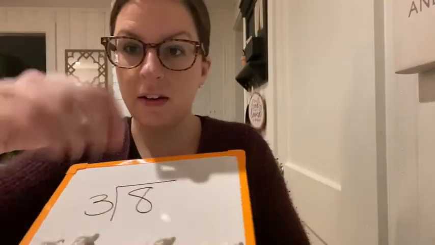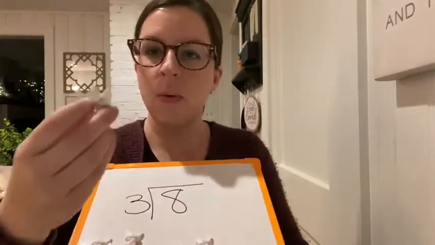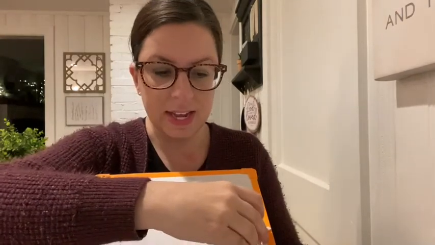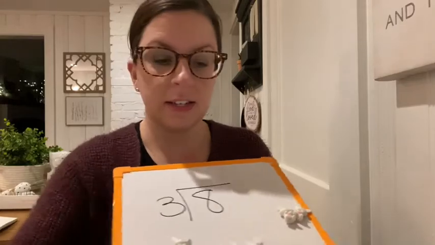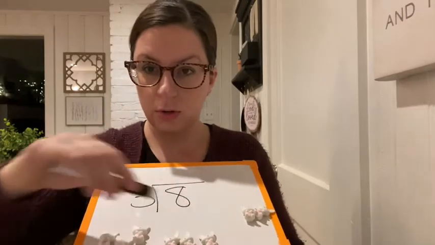Do I have enough to make another group of 3? No, I only have 2 left over. So what is the answer to 8 divided by 3? Well, I have 2 groups, so 8 divided by 3 is 2.